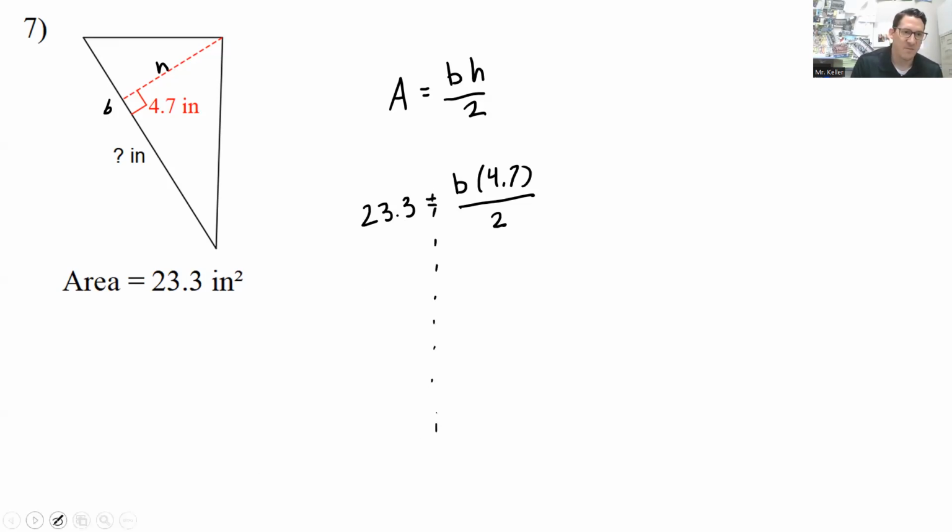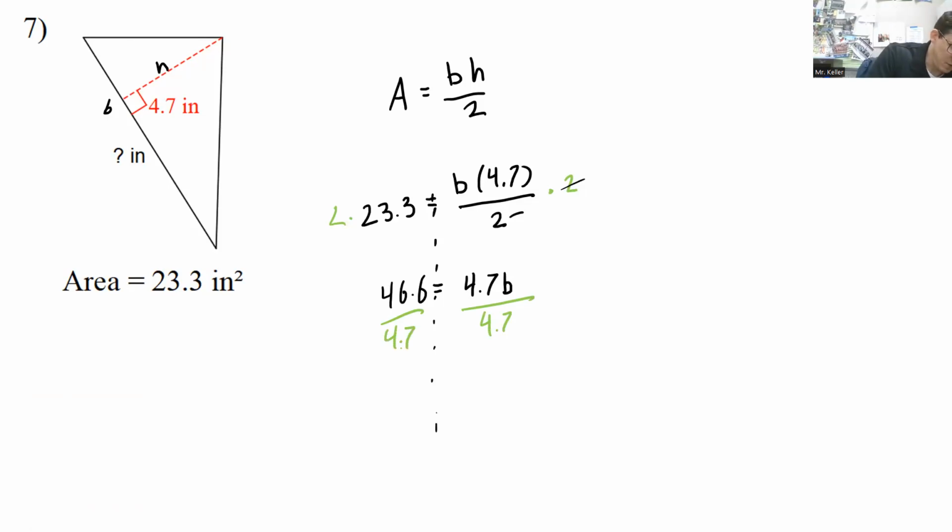I'm going to start off by multiplying by 2. So times 2, times 2. This cancels out. So 2 times 23.3, that is 46.6, is equal to, again, I'm just going to rewrite that in a way we're used to seeing it, 4.7b, 4.7 times b. And then divide by 4.7.